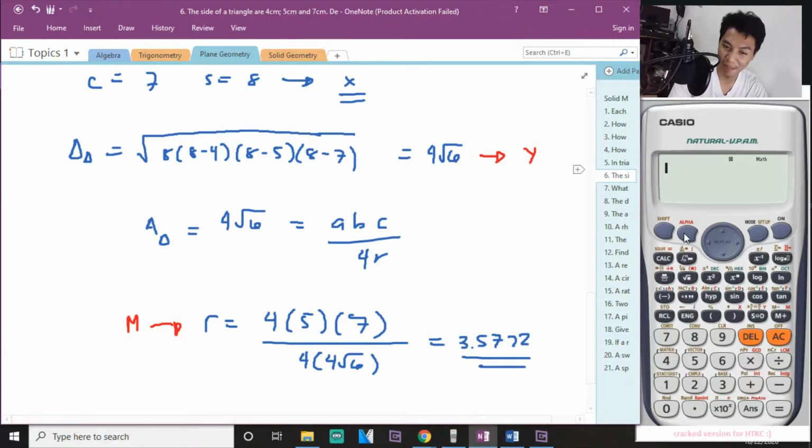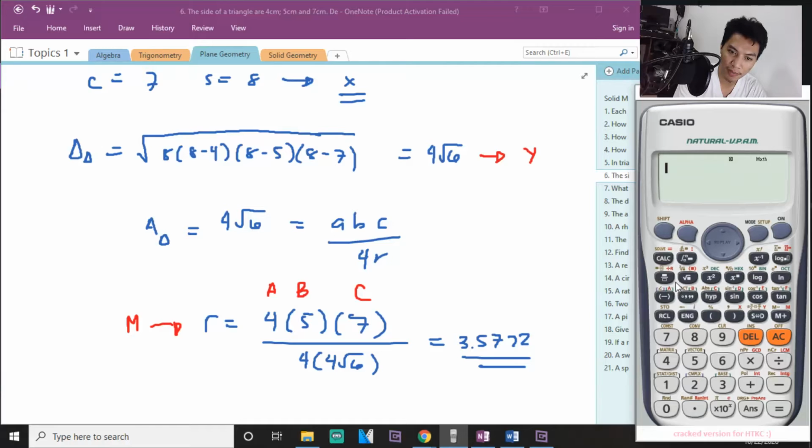Tingnan natin, sir, isang pindutan. So, you will use sa sides ng triangle yung alpha A, B, and C. Ang una mo sinolve, sir, is alpha X. Alpha X equal to alpha A plus alpha B plus alpha C over 2. Lagay natin si colon.